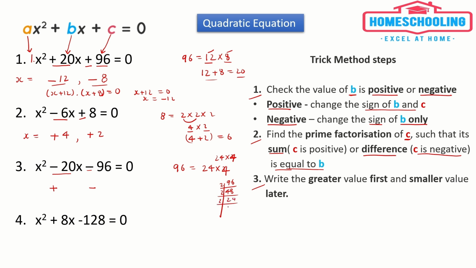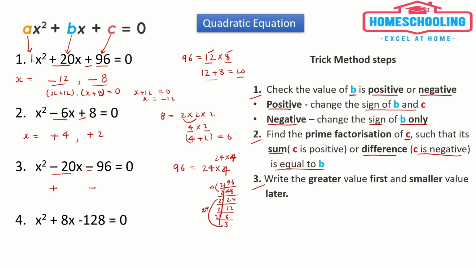Then if we divide again by 2, that is 12, and 6, 2, and 3. So 2 times 2 is 4, and 2 times 2 times 2 is 8, and 8 times 3 is 24. So this is 24.